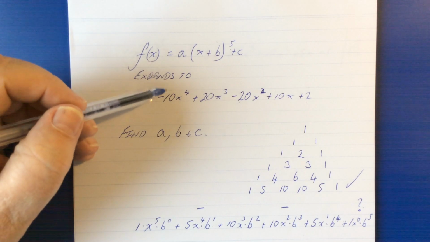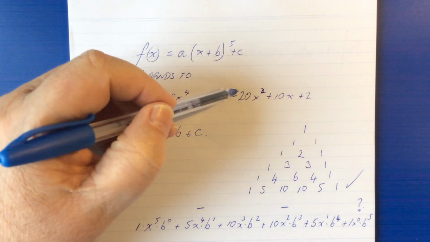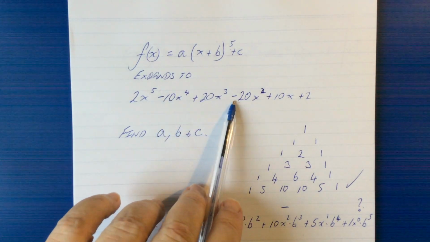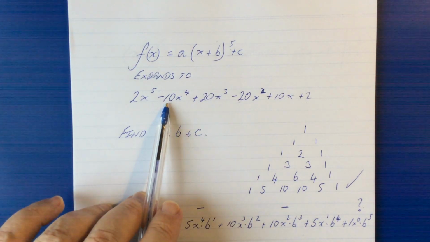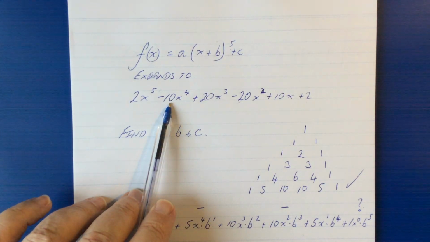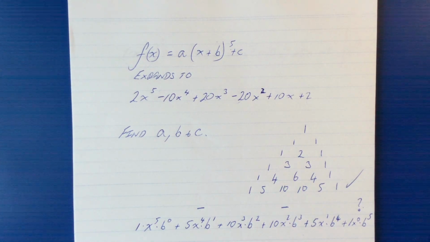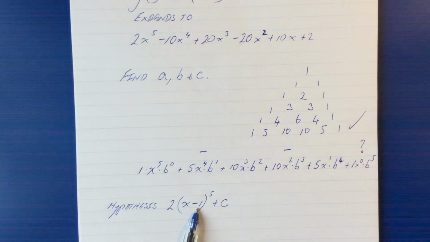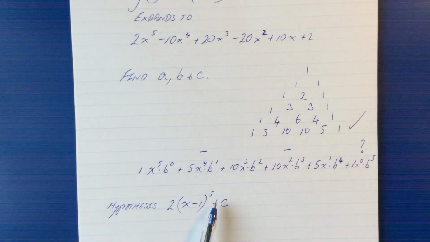The only effect it has is here and here, where things are negative, and these powers are odd. And when you raise a negative number to an odd power, you get a negative result. And that's what's happened here. And so I think that this is 2 times 5 times negative 1. I'm going to test that hypothesis, that this is 2 and that this is negative 1, and we still have to worry about this.